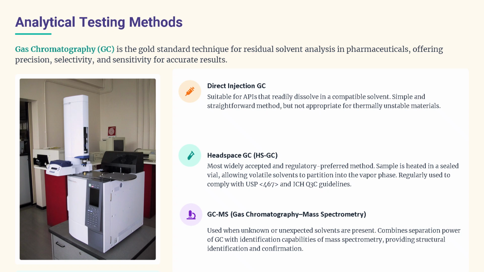Validation per ICH Q3C. Evaluate specificity, accuracy, precision, linearity, limit of detection, and quantitation. Each parameter ensures regulatory compliance. When done right, these methods can detect solvents at levels far below regulatory thresholds, often under 10 parts per million.